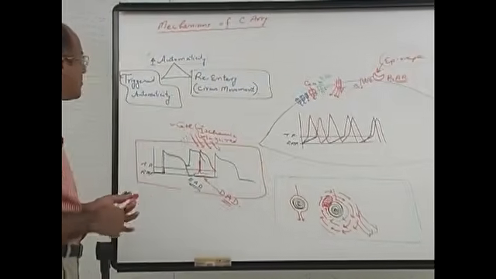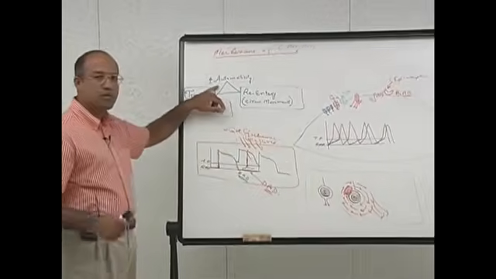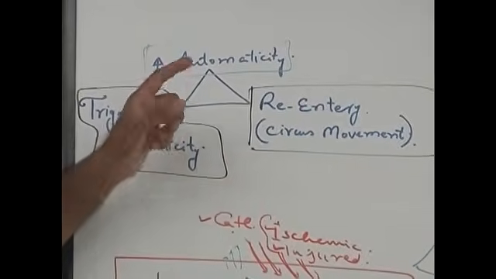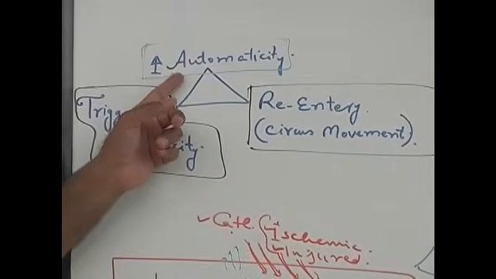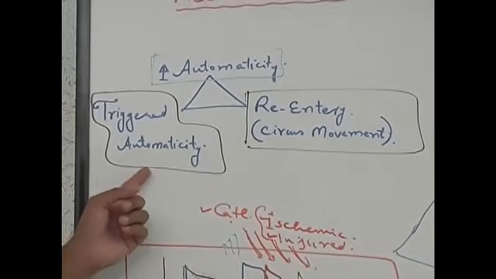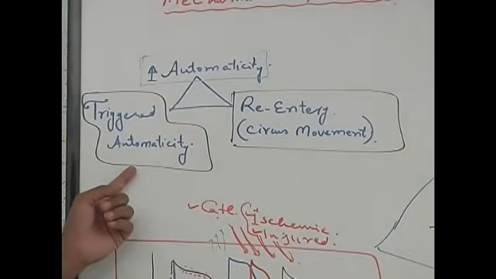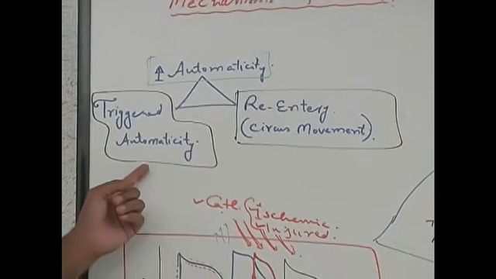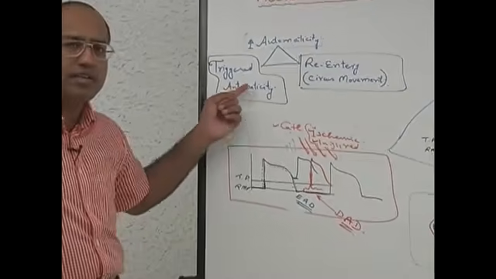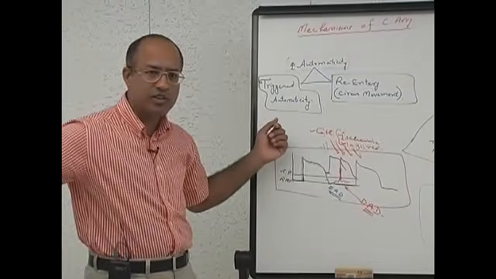Again, let me recap how tachyarrhythmias can be produced. Tachyarrhythmias can be produced when normal automaticity is enhanced, like when catecholamine stimulates the SA node. Or tachyarrhythmia can be produced when triggered automaticity is there. For example, ischemic cells in the ventricular area have loaded a lot of cations, and then their resting membrane potential becomes very near to the threshold, and anytime they can produce triggered depolarizations.